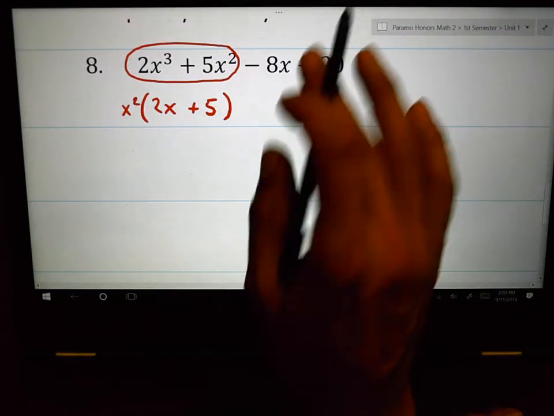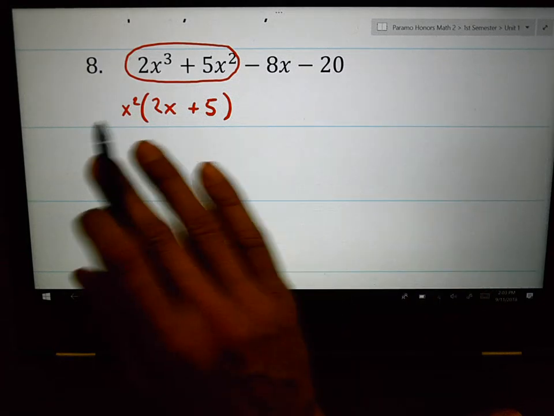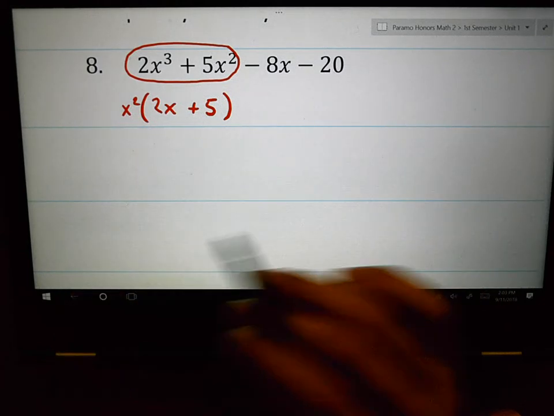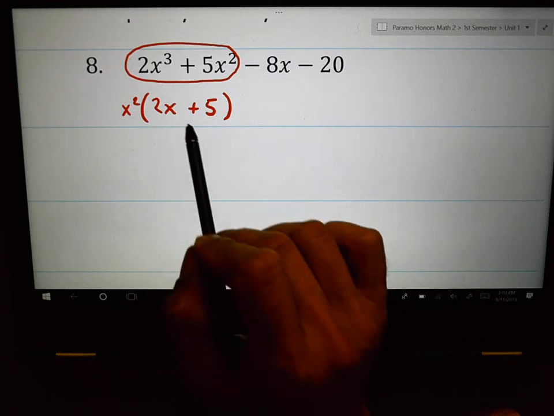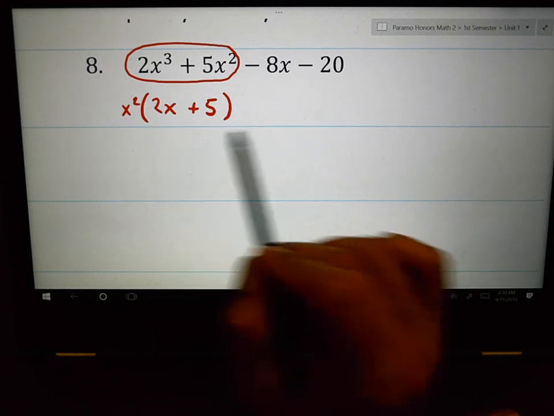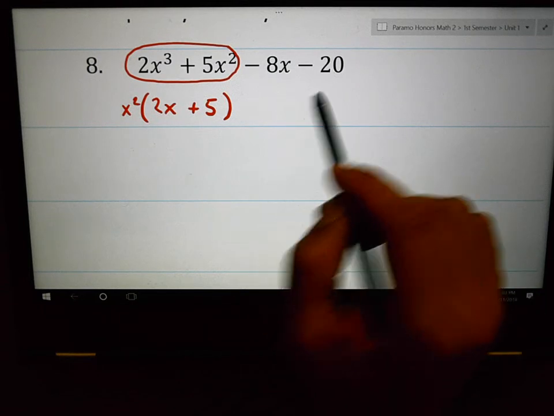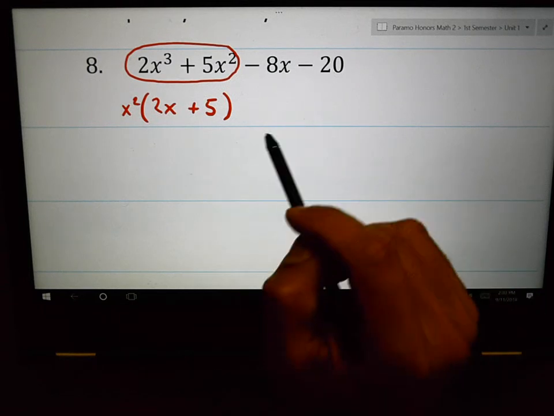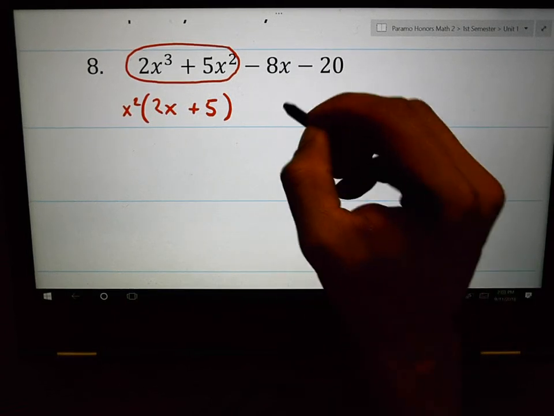And then what happens is we're subtracting an 8x and a negative 20 from this red group. It's subtraction. It's not multiplication yet. Because we want a 2x plus 5 to be the group, because we want that to match up, maybe we should factor out a negative from these 2 things over here.